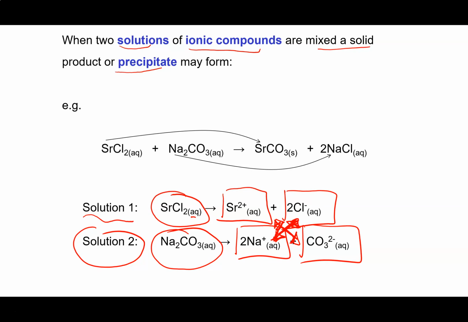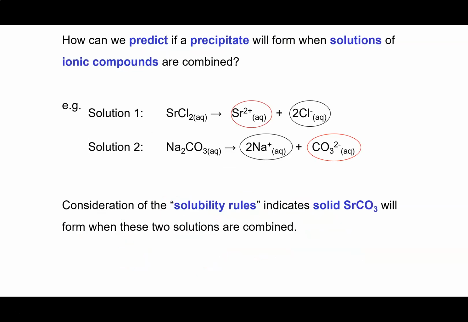Now, how am I going to know if any insoluble compounds are going to form? How I'm going to know is by looking at my solubility rules. So when I look at the solubility rules, what I recognize is that when sodium ions combine with anything, because of my very first rule that compounds containing group 1A cations are always soluble, I know that sodium chloride will not form a precipitate.